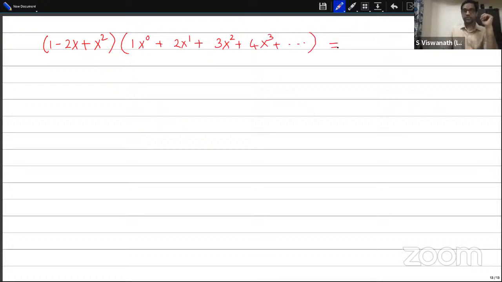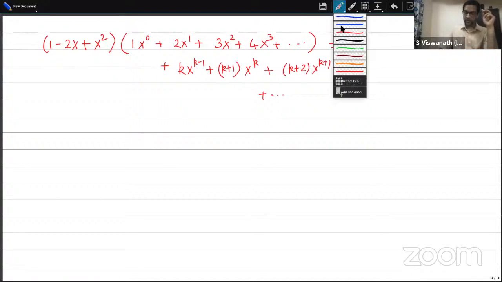So I have to multiply them and see what my coefficients will look like. So in general, what's the most general computation? Observe that at some point it will be k x to the k minus 1. There will be a k plus 1 and a k plus 2, and so on.